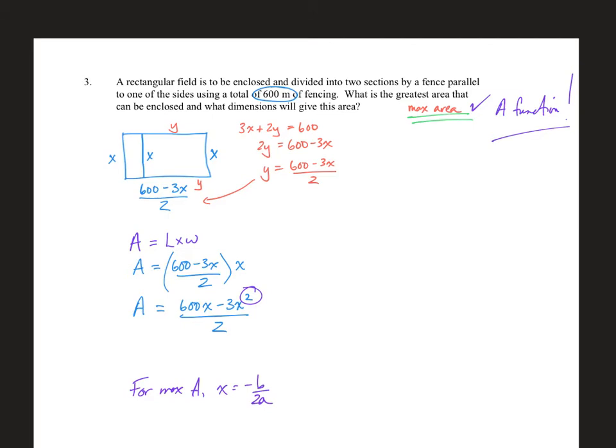I want to have an isolated a term and an isolated b term. So even though it doesn't work out well, I'm going to take that divide by 2 and I'm going to divide each of the terms on top. So in this case, I'm going to get 300x, and then I'm going to have negative 3/2 x squared. And we normally wouldn't do that because of the fraction in 3/2. However, that becomes the most useful form for us.